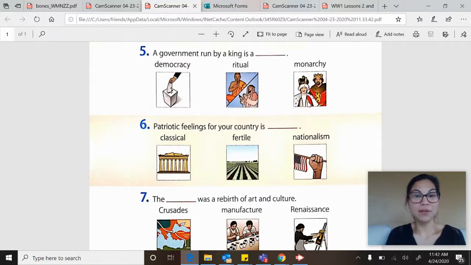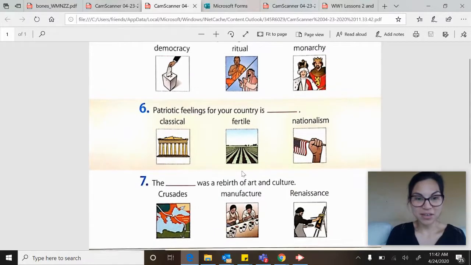People who wore crowns back in this time period were leaders or rulers that ran a government. Number 6, patriotic feelings for your country is blank. Classical, fertile, or nationalism. We just talked about this word just a moment ago.